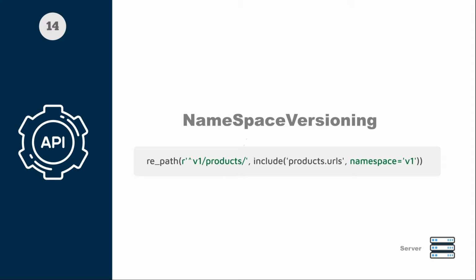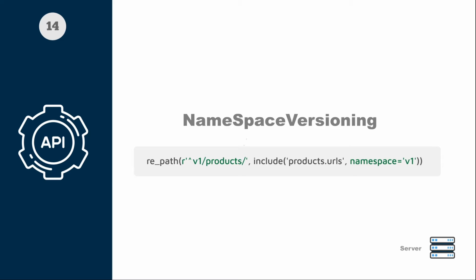We demonstrated that with the namespace versioning class, the emphasis on versioning the URL is more on naming and include configuration, a URL configuration with the instance namespacing.